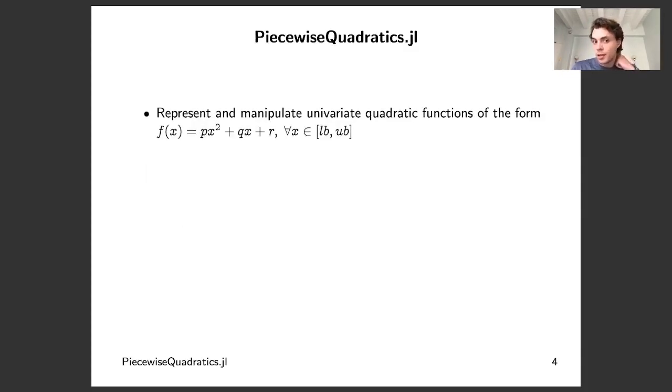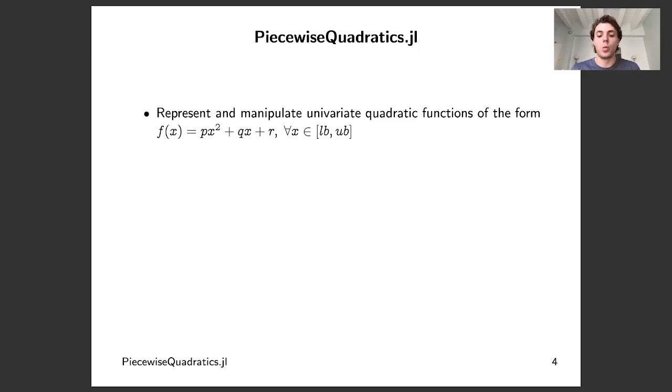So again, PiecewiseQuadratics.jl is a package for the representation and manipulation of univariate piecewise quadratic functions, where each piece takes the standard quadratic form of px squared plus qx plus r, defined on some interval represented by a lower bound and upper bound.